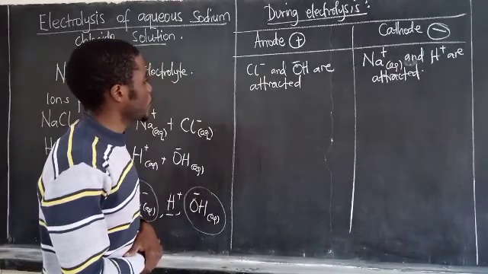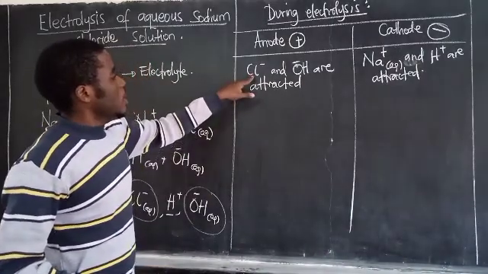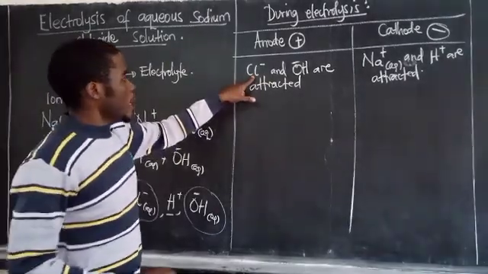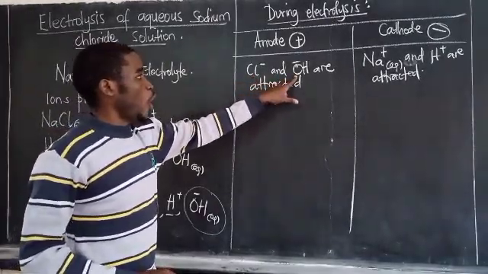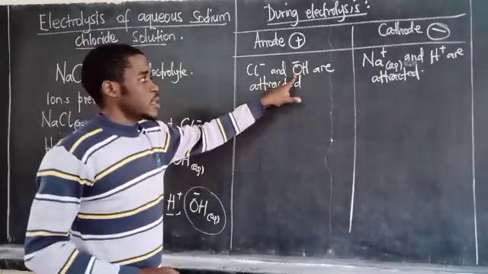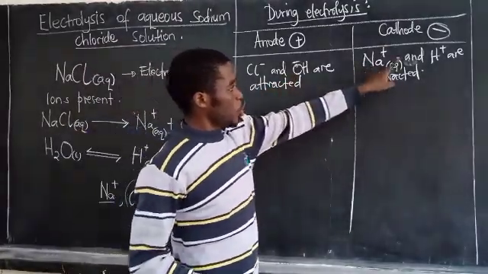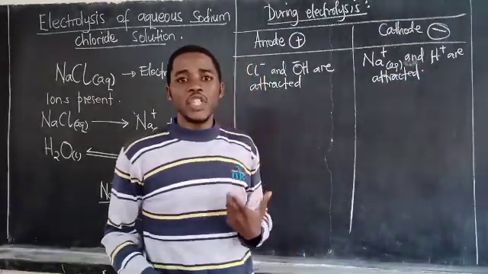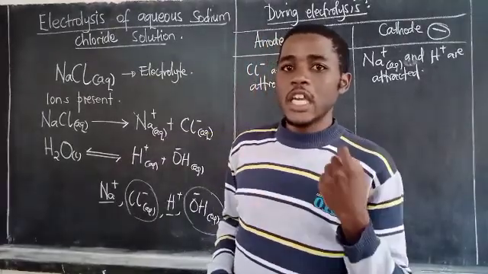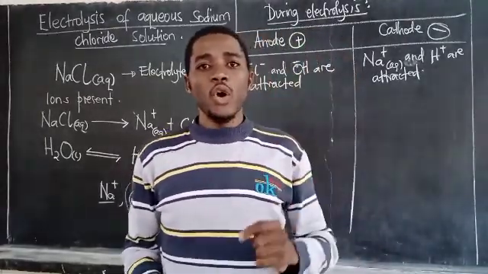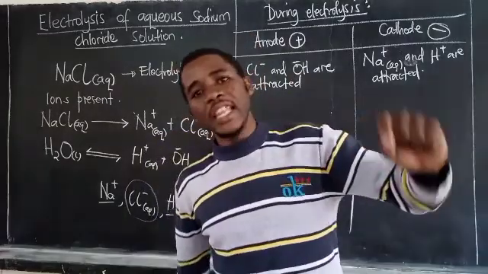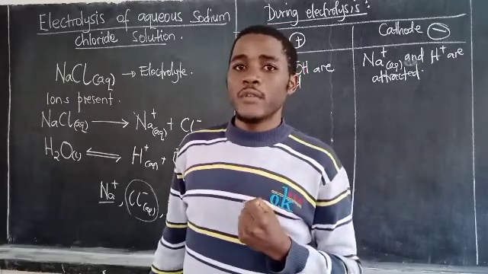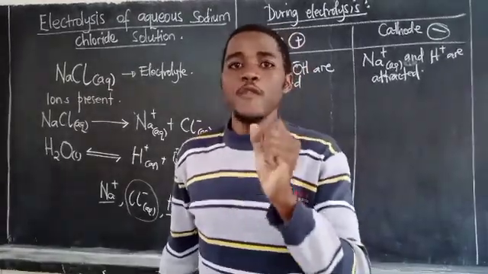We know that when we are talking about the electrochemical series, chlorine is on top of hydroxide. Sodium is on top of hydrogen. And you know from the factors that affect selective discharge, we said an ion that is lower than the other in the electrochemical series requires less energy for discharge, and therefore it will be chosen for discharge.